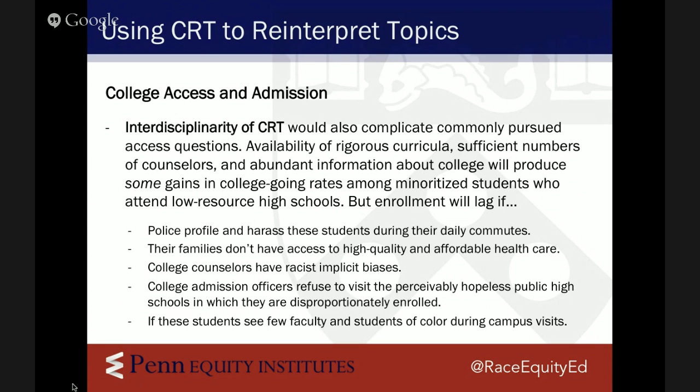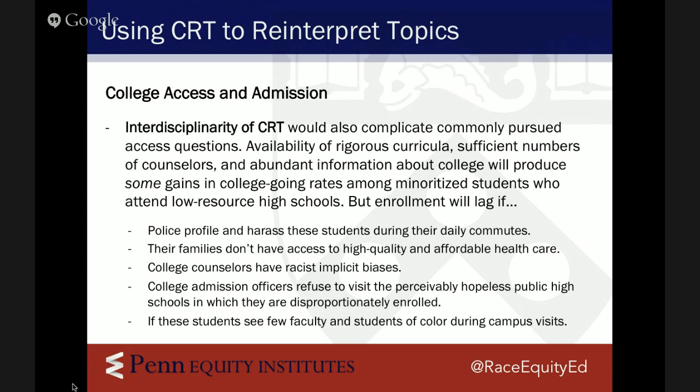For example, if police profile and harass students of color during their daily commutes to and from school, if their families don't have access to high quality and affordable health care, if college counselors who work in high schools have racist implicit biases about who these students are, what their future is likely to be, and so on and so forth.